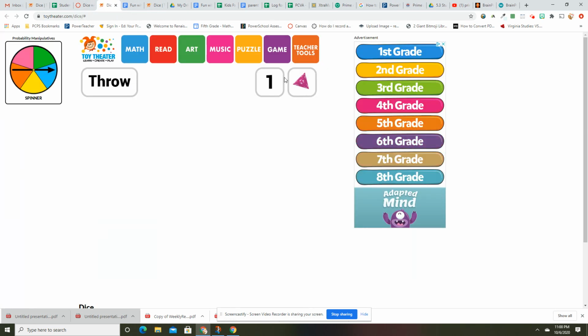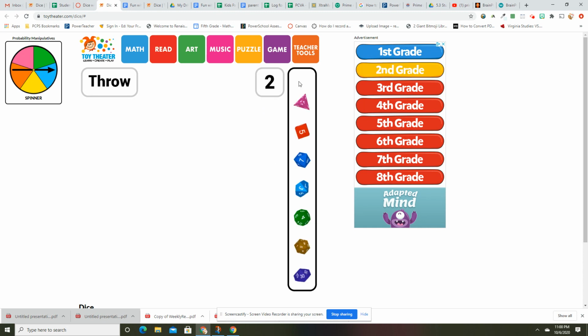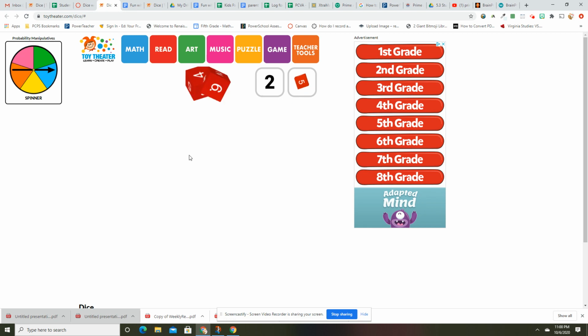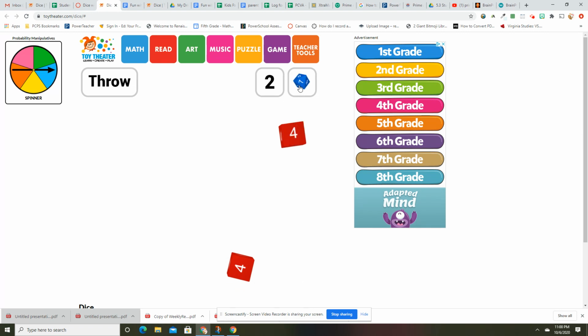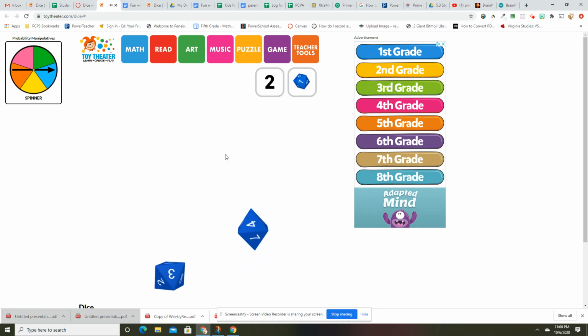You're going to pick 2 dice, and this is important. Don't pick that wonky looking dice. Pick this one. Or if you want to challenge yourself, if you're really good with multiplication, you can do this dice. But you have to have 2.